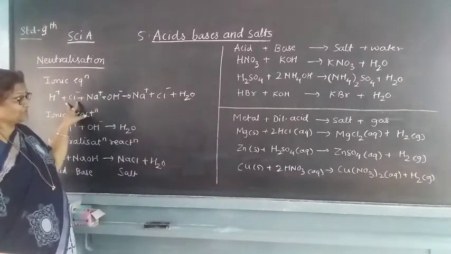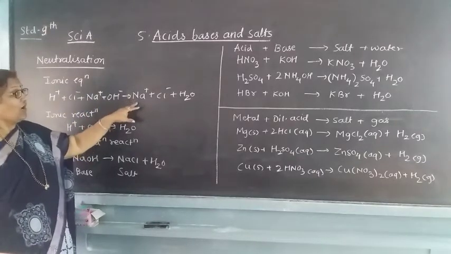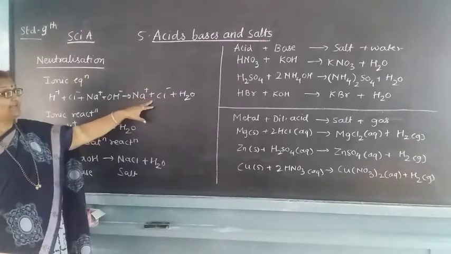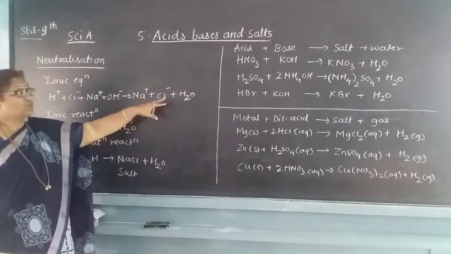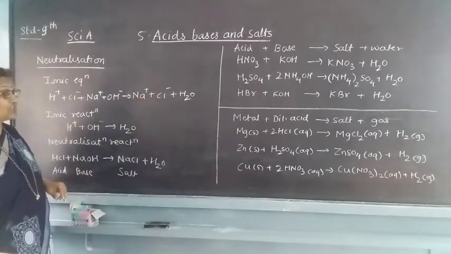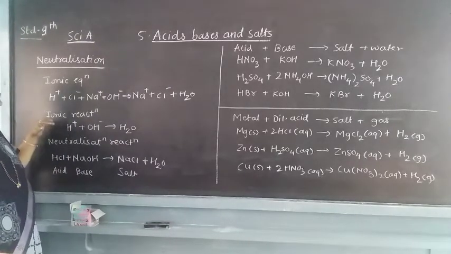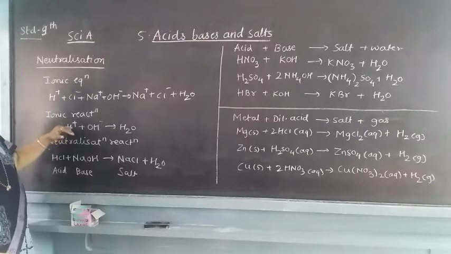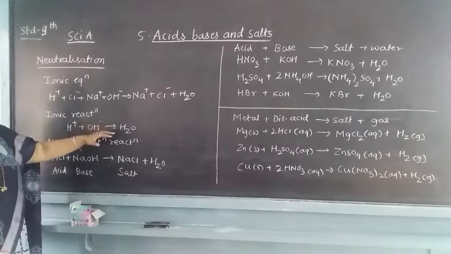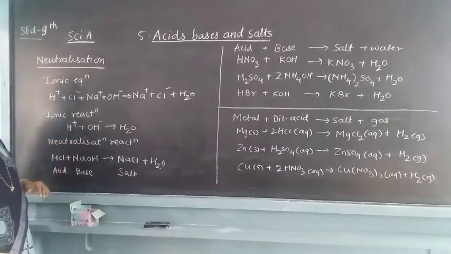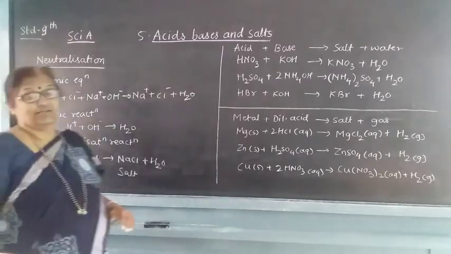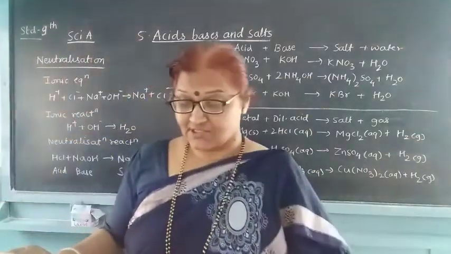Whenever both of these mix, there is a creation of Na plus and Cl minus plus H2O. There is a formation of H2O, which is to a very little extent. That ionic reaction you can give as follows. H plus and OH minus ions together form H2O. So these are the reactions.